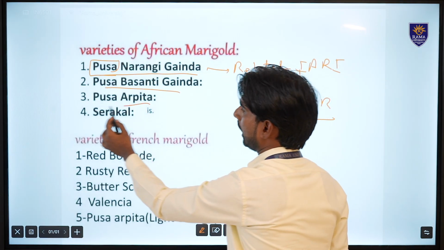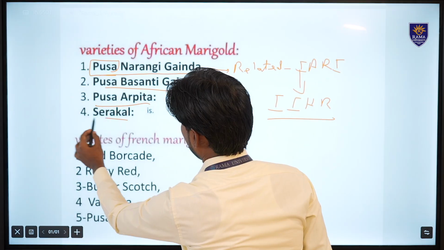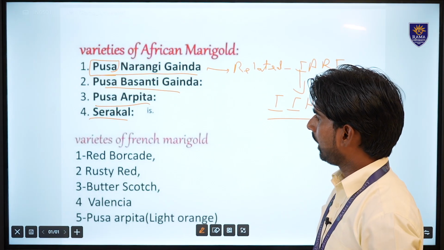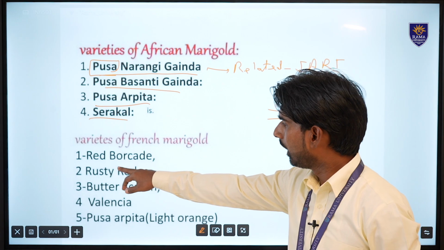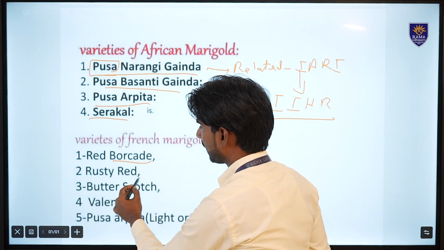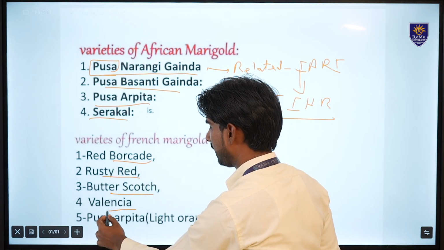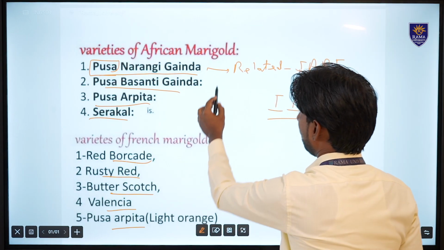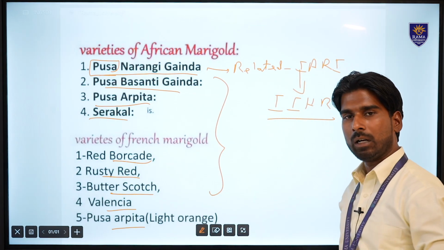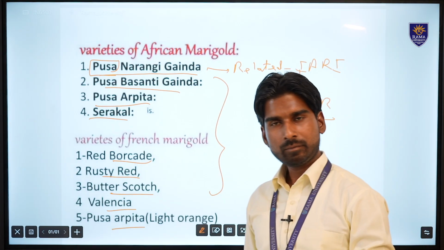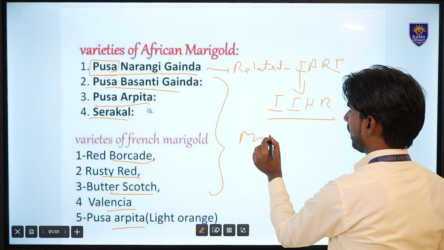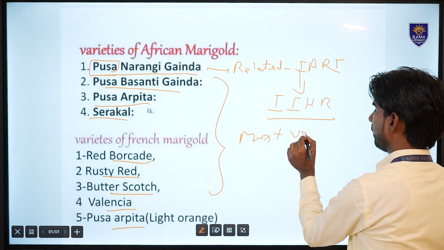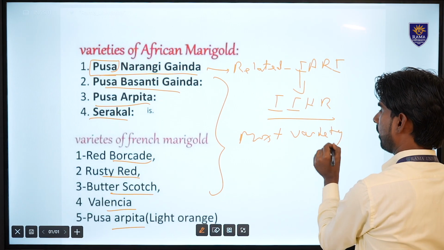Third, Pusa Arpita, Srikal. And second is French marigold. French marigold varieties are Red Brocade, Rusty Red, Butterscotch, Valencia, Pusa Arpita. All these varieties are released from IARI and IIHR. And a most important variety, Nugget.